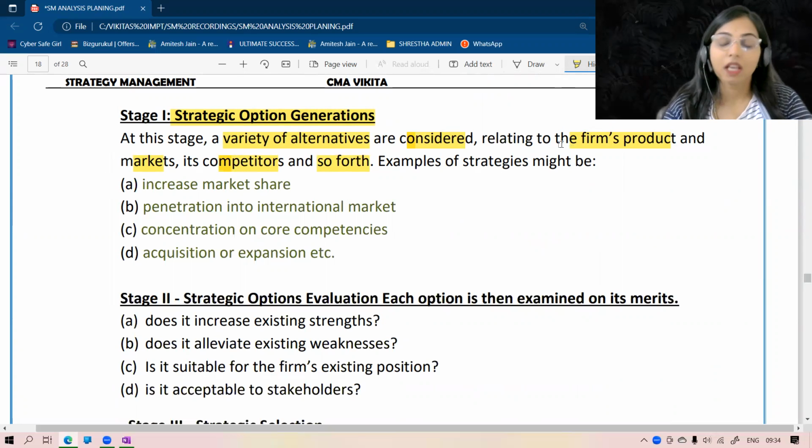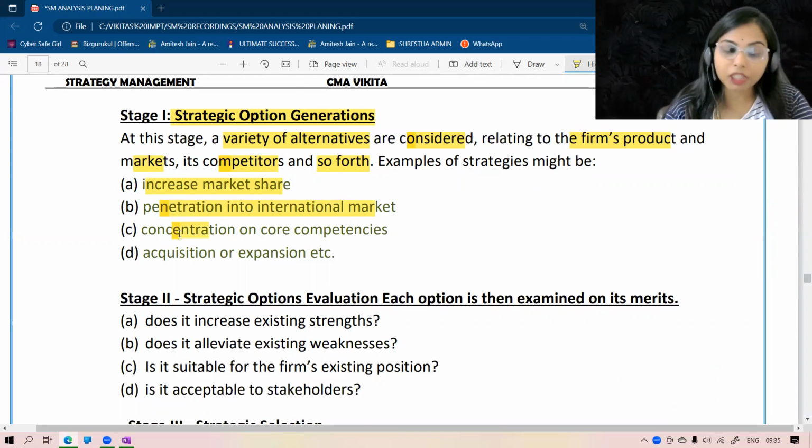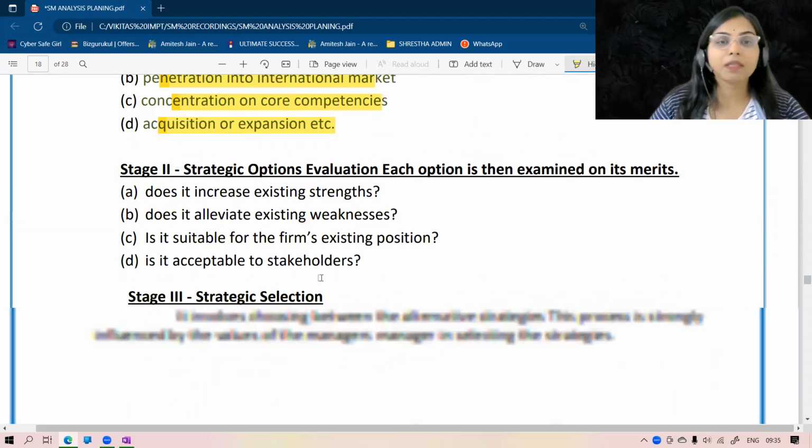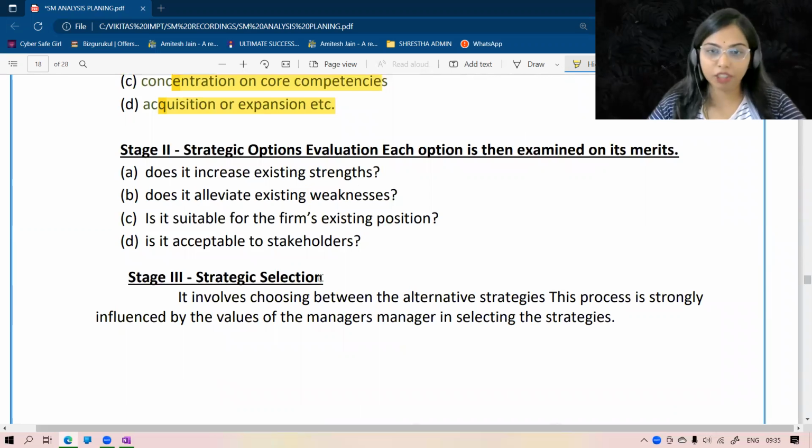Examples of the strategies are increasing market share, penetration into the international market, concentration on core competencies, and acquisition and expansion. Then comes the strategic option evaluation.